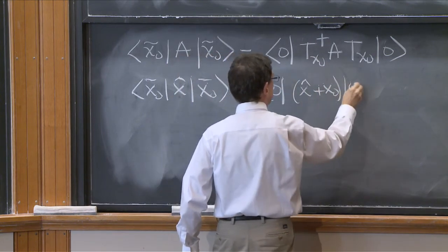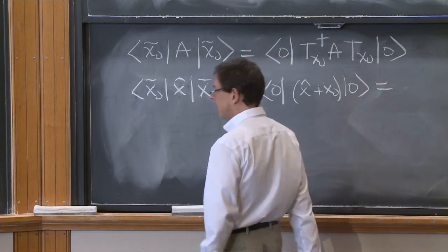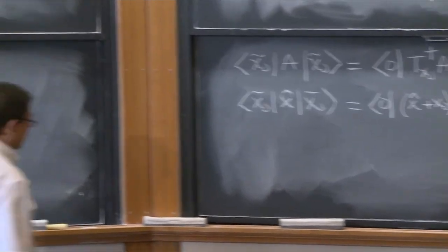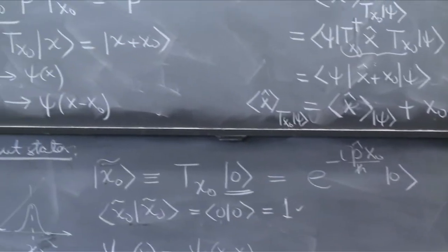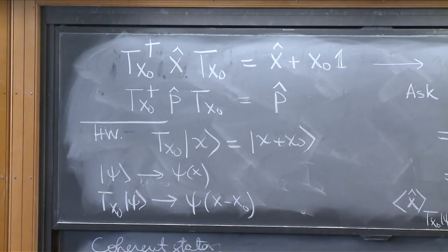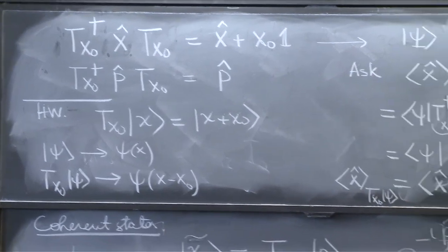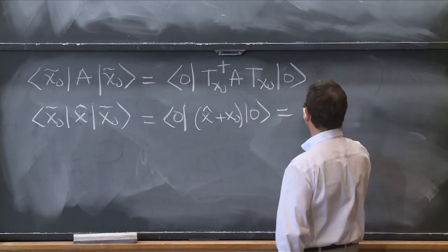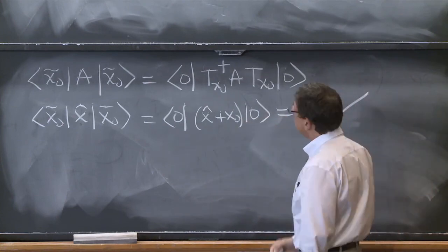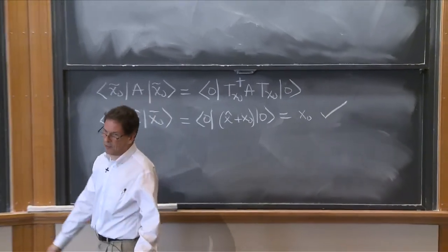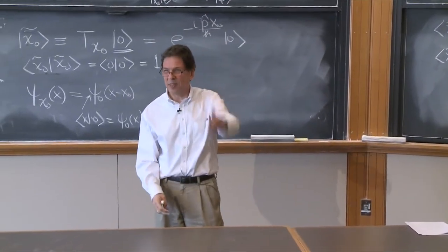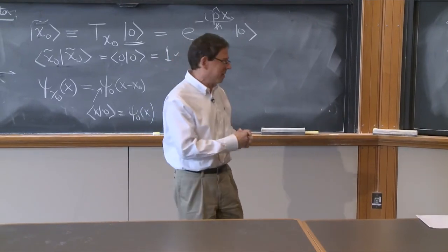We calculated it a few seconds ago, top blackboard. And therefore, what is the expectation value of x on the ground state? Is 0. Very good. And therefore, we just got x0, which is what you would expect. The expectation value of x on the coherent state is x0. You're there. You've been displaced.